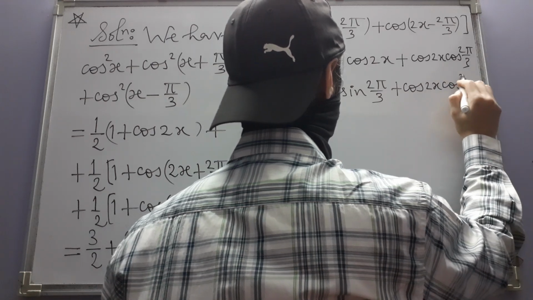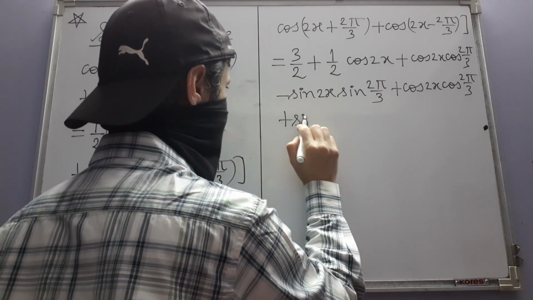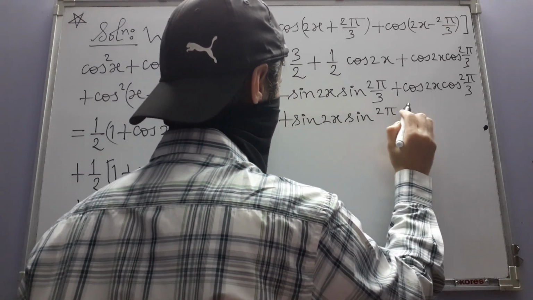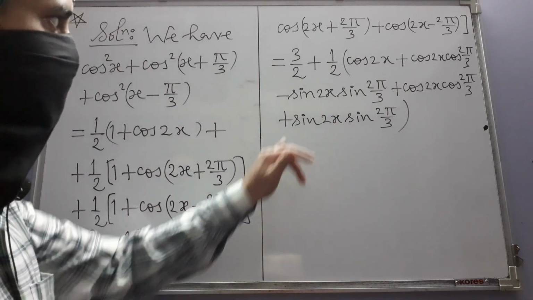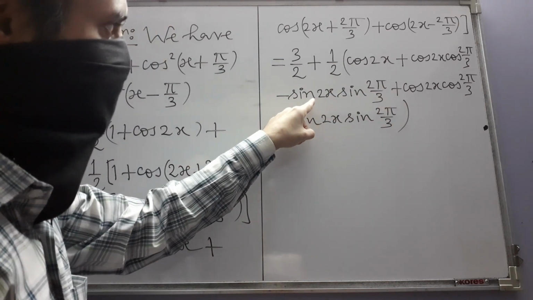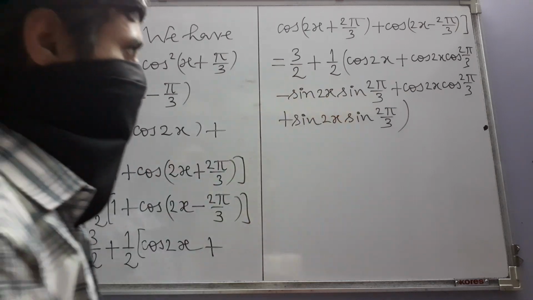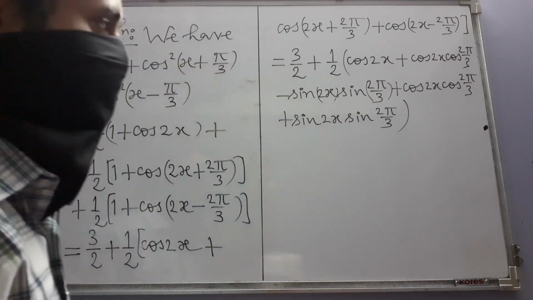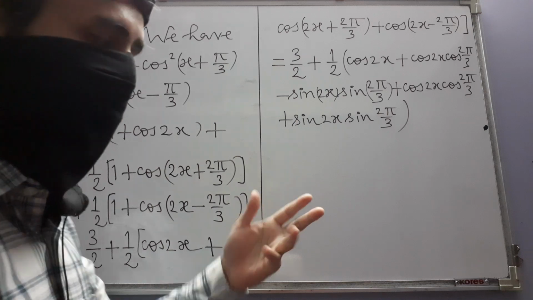Cos 2x cos 2 pi over 3 plus sin 2x sin 2 pi over 3. This type of expressions may sometimes become confusing. If you find it somewhat difficult to interpret what it means, you can use brackets like this to enclose the angle if you want, but some people do not want to use too many sets of brackets. I am one of them.